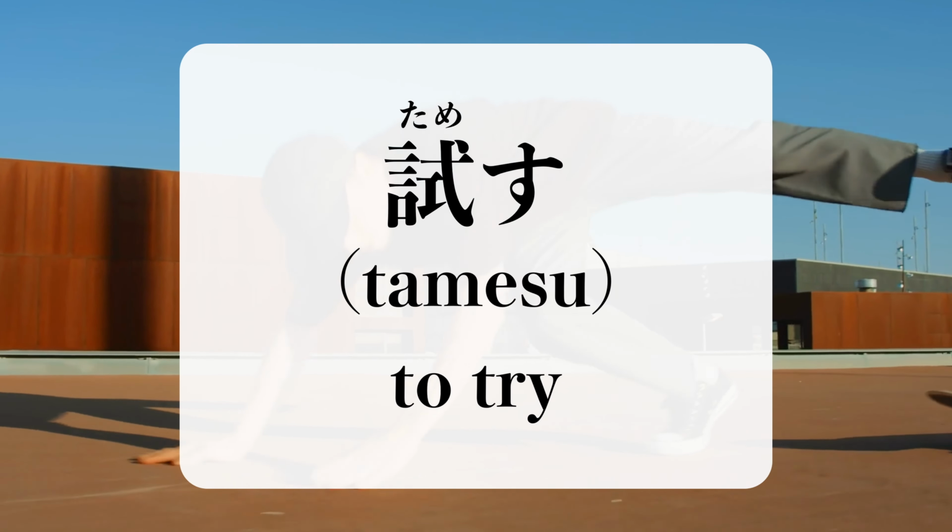For verbs ending in bu, mu, and nu, such as asobu, to play, nomu, to drink, and shinu, to die, the te form is formed by dropping bu, mu, or nu, and adding de.